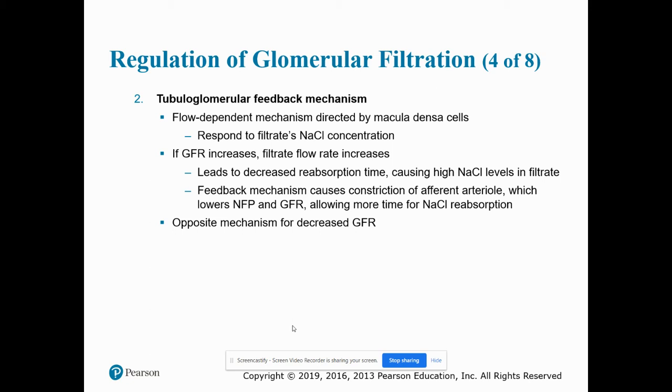And this is going to lead to a decrease in reabsorption time, which is going to lead to high sodium chloride levels in the filtrate. The feedback mechanism causes constriction of the afferent arteriole, which is going to lower net filtration pressure (NFP) and GFR both, which is going to allow more time for sodium chloride reabsorption, and the opposite mechanism for decreased GFR.